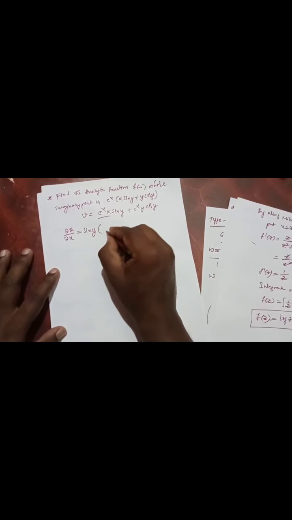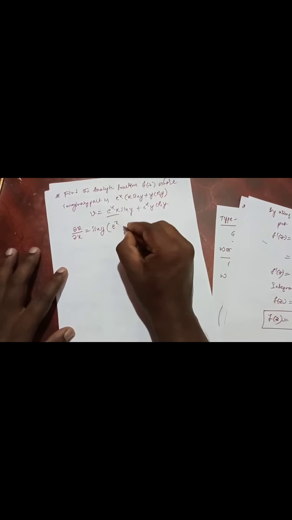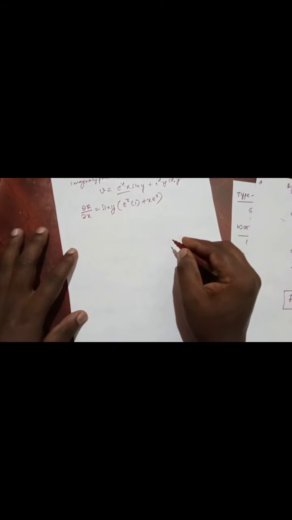Here sin y is constant. Write sin y as it is. Write e power x as it is. Differentiation of x is 1. Write x as it is. Differentiation of e power x is e power x. Plus here y cos y is constant. Differentiation of e power x is e power x. So this is our partial derivative of v with respect to x.